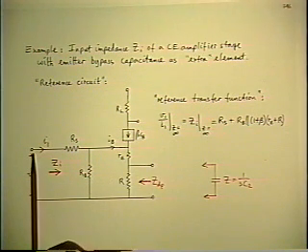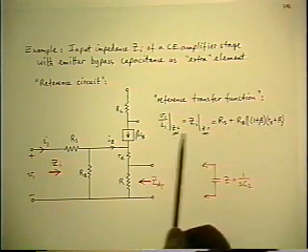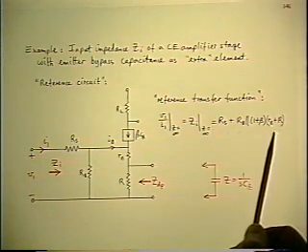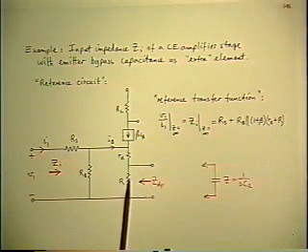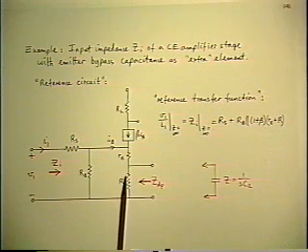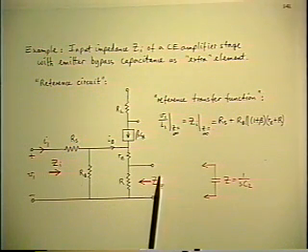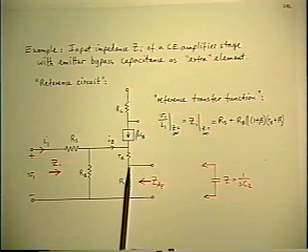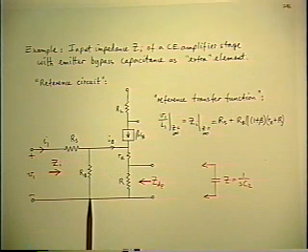The input is I1, because that's the denominator of the transfer function that the theorem is being applied to. So we have to calculate the impedance looking in at these two terminals when I1 is 0. And the answer is, when you look in, you're going to see R in parallel with RE plus the reflected RB.